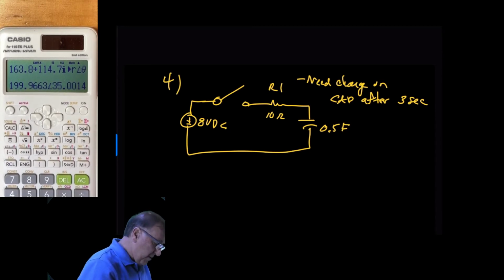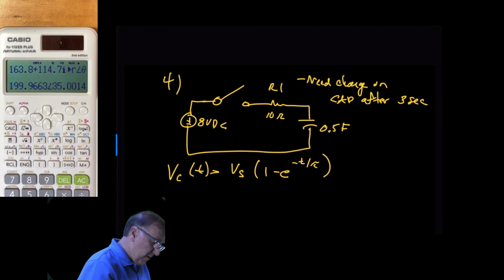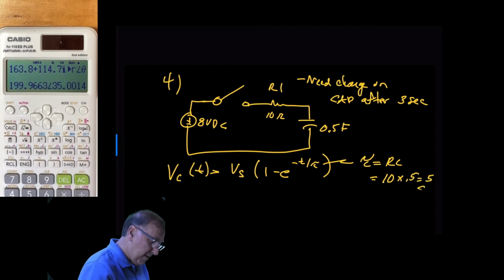So for that, we use the time constant equation, V of the capacitor as a function of time equals Vs times 1 minus e to the minus t over tau, where tau equals an RC time constant. So in this case, R is 10 ohms, and C is 0.5 farads, so that time constant is 5 seconds.